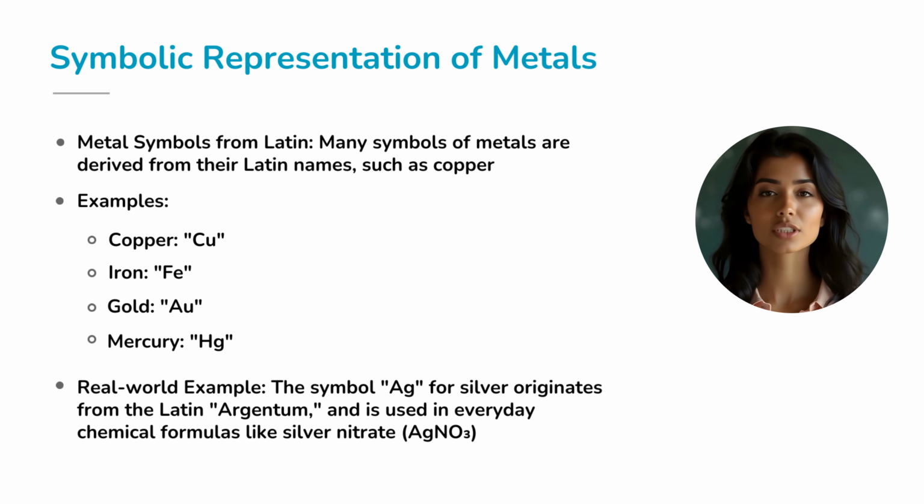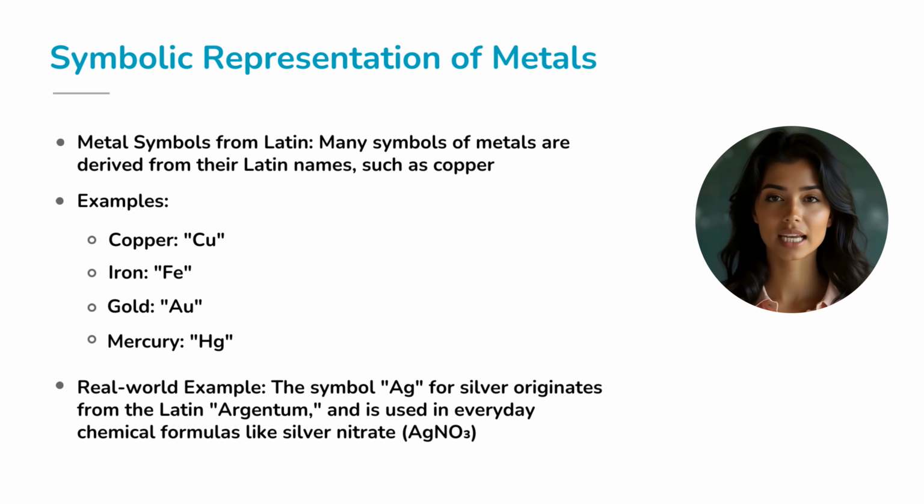This tradition of using Latin continues to this day, and these symbols are recognized all over the world. So, when you see Ag for silver or Pb for lead, you're looking at symbols that have been around for centuries, linking modern chemistry with its rich history.